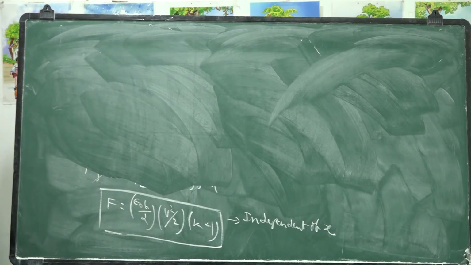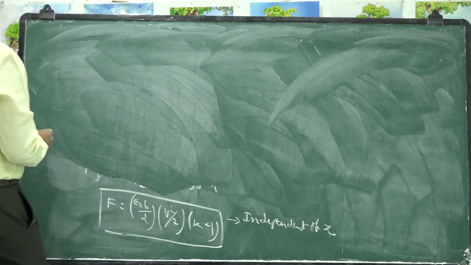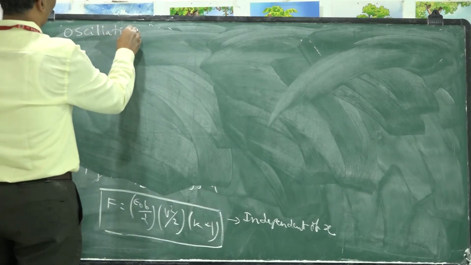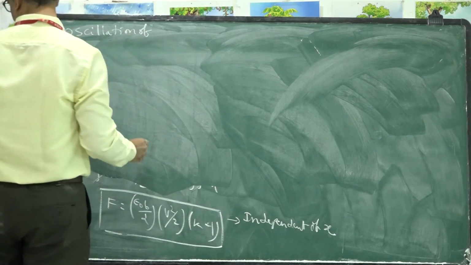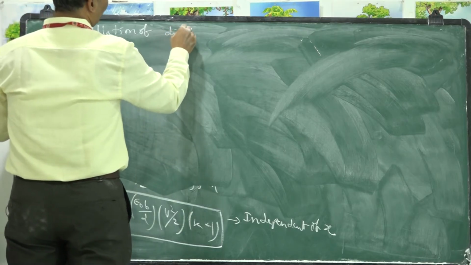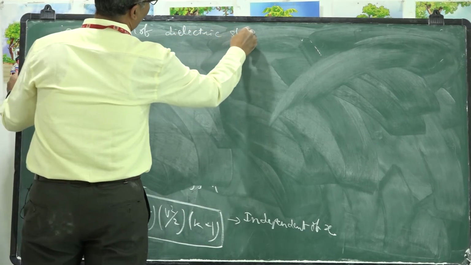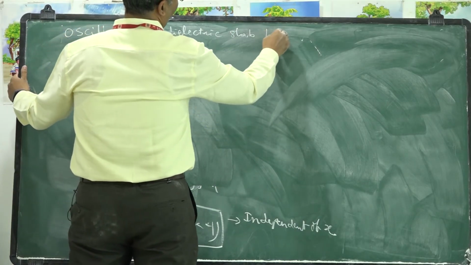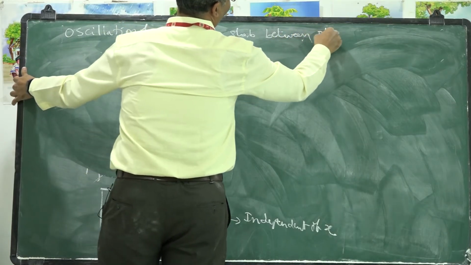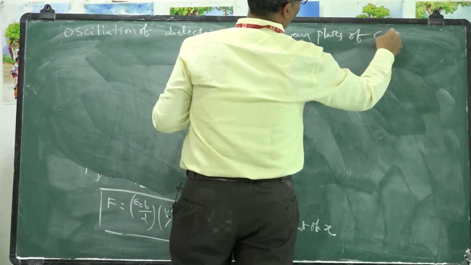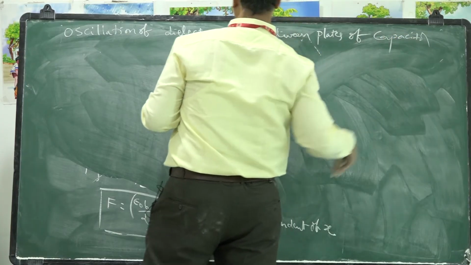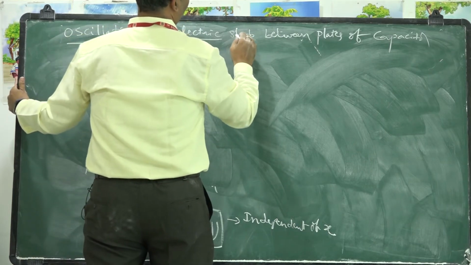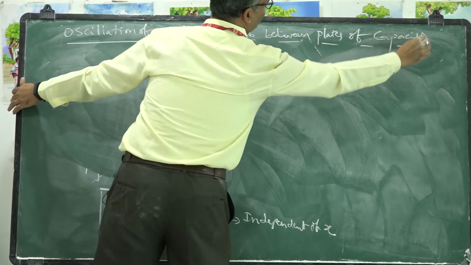So what is the next concept or problem, whatever you can say, a theoretical problem it is: oscillations of a dielectric slab between the plates of a capacitor.